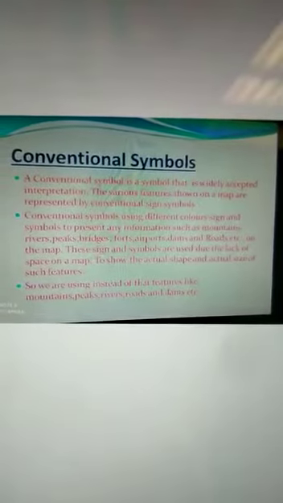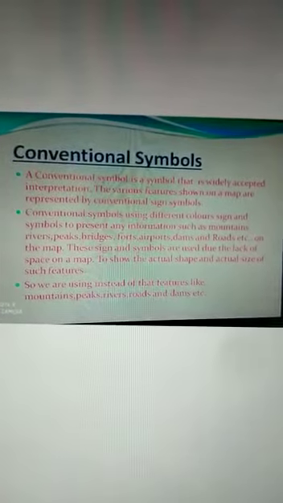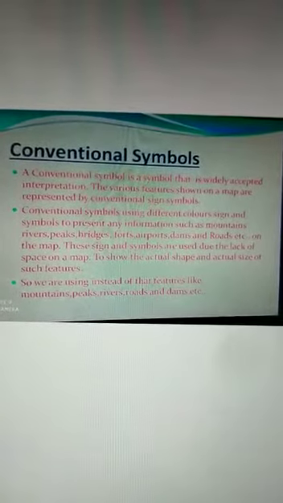We will be discussing conventional symbols. A conventional symbol is a symbol that has a widely accepted interpretation. The various features shown on a map are represented by conventional symbols.